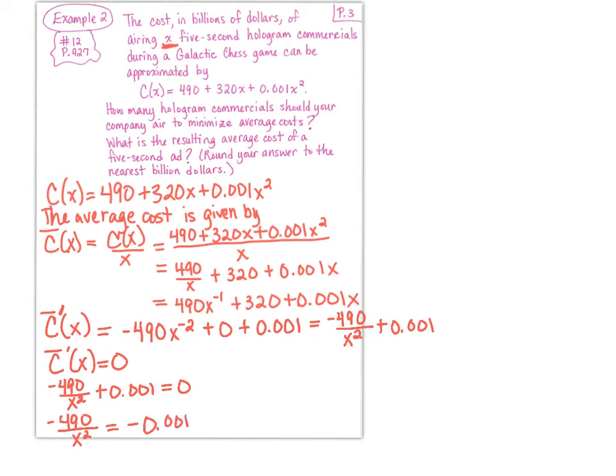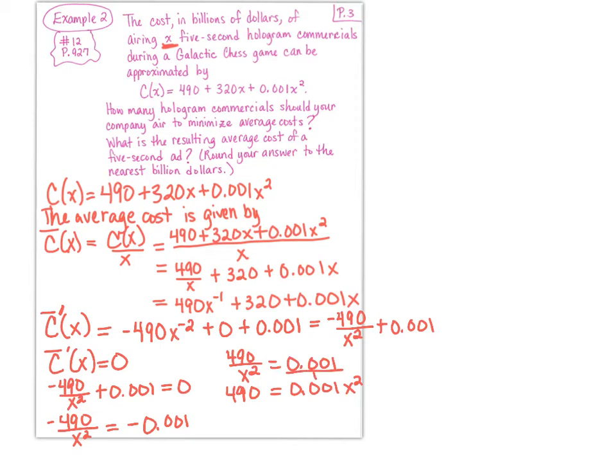We can divide both sides by a negative. That gives us 490 over x squared equals 0.001, or 0.001 times x squared equals 490. This is cross multiplying, so you can think of that over 1 and cross multiply.